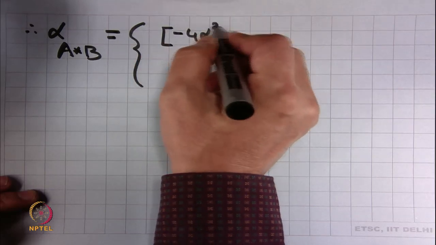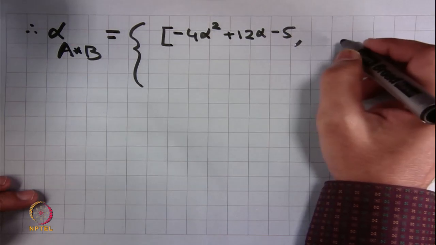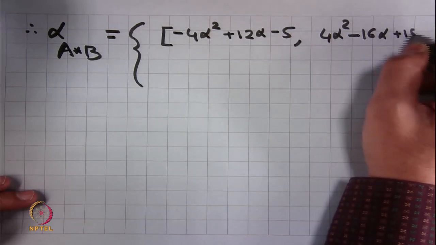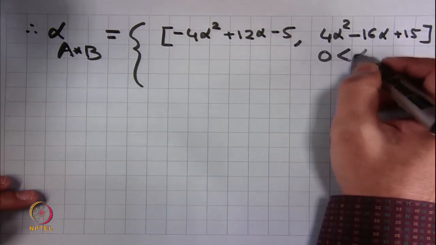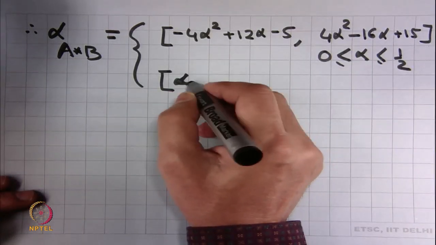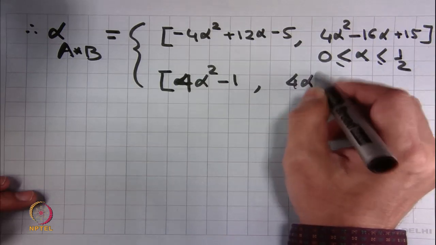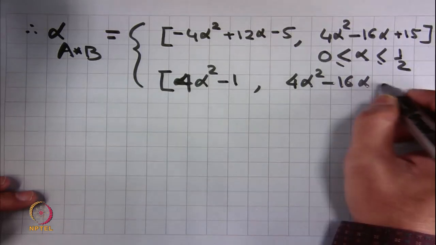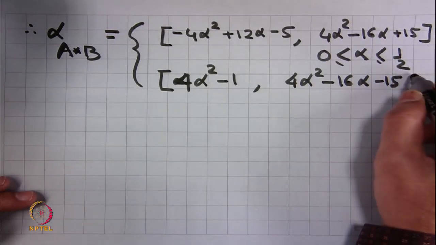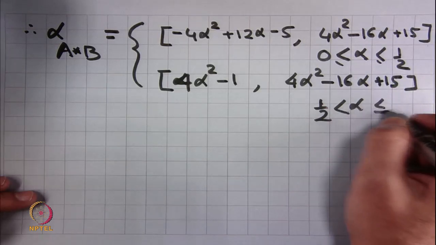minus 4 alpha square plus 12 alpha minus 5 to 4 alpha square minus 16 alpha plus 15 for 0 less than equal to alpha less than equal to half, and it is 4 alpha square minus 1 to 4 alpha square minus 16 alpha plus 15 for half less than alpha less than equal to 1.